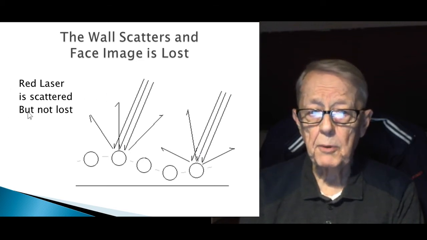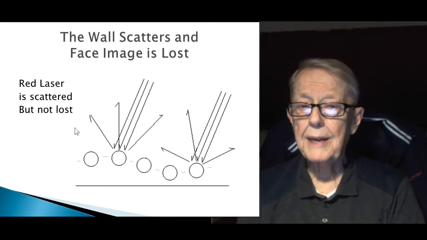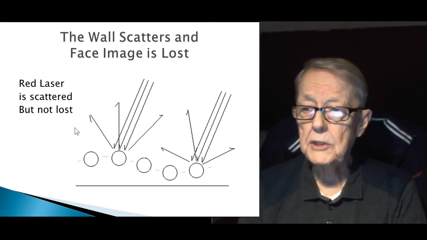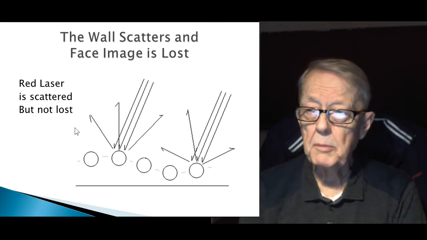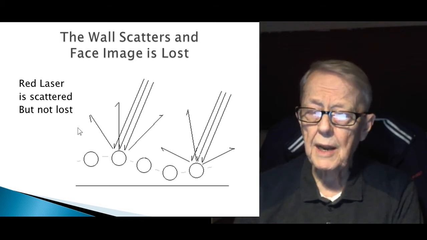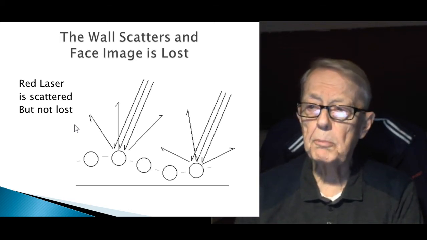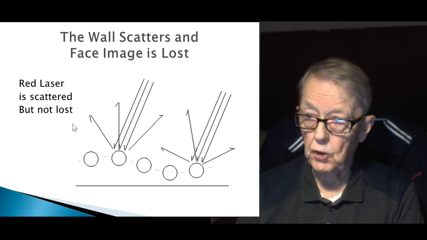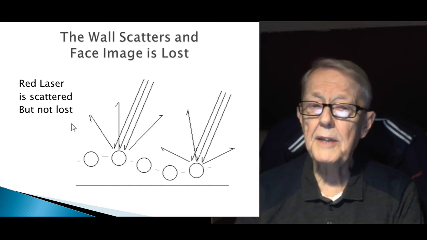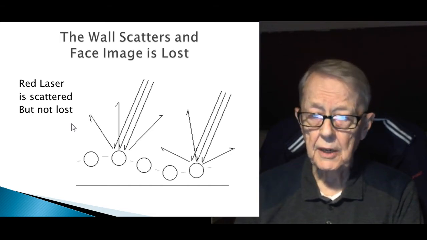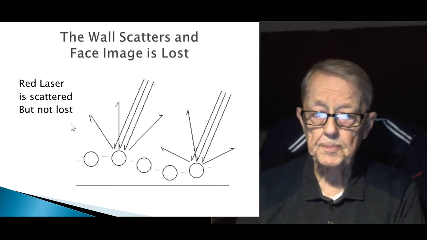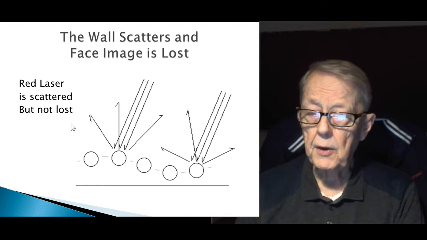But I also want to make the point that you point a red laser at the wall. That image is scattered, but the image is not lost. Of course, with the red light, you have a concentrated point, or circle, if you will, on the wall where the high intensity red laser is painting all of that wall red and scattering in all directions.